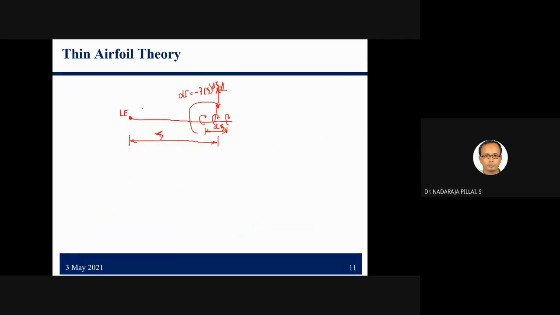Now let us calculate the total moment about the leading edge per unit span. Let me write m dash, the elemental moment, is equal to minus zeta multiplied by dL. dL is the elemental lift that we know, dL multiplied by this zeta.